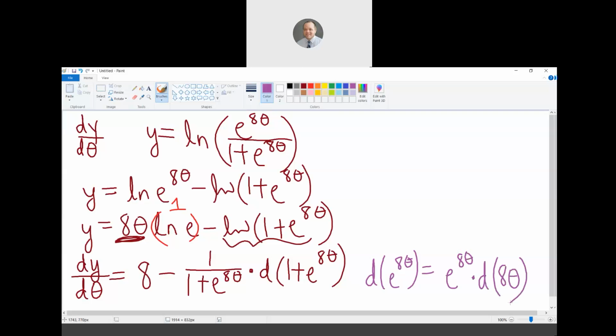So the derivative of 8 theta is just 8. So this whole thing here that I just crossed out is actually 8 e to the 8 theta.